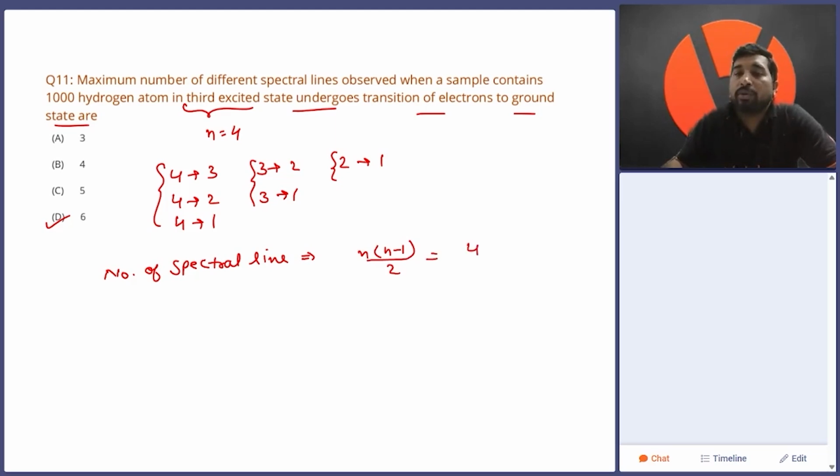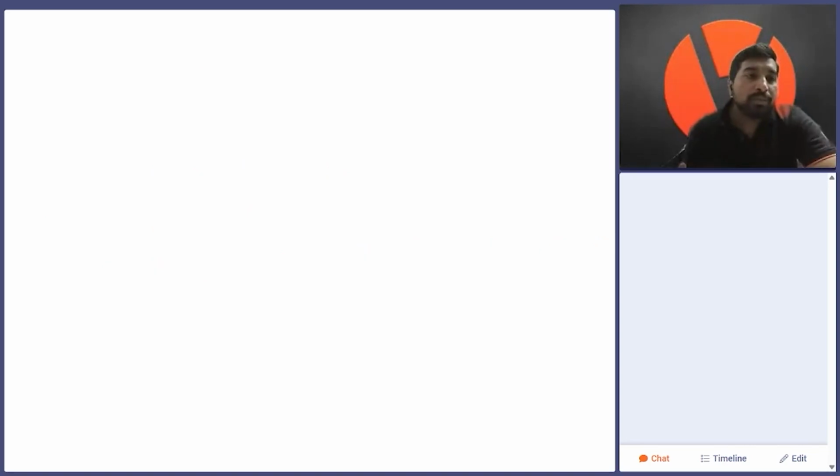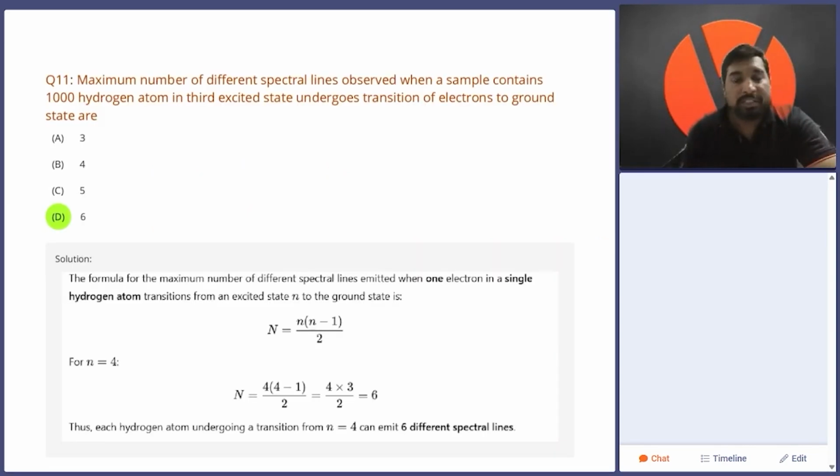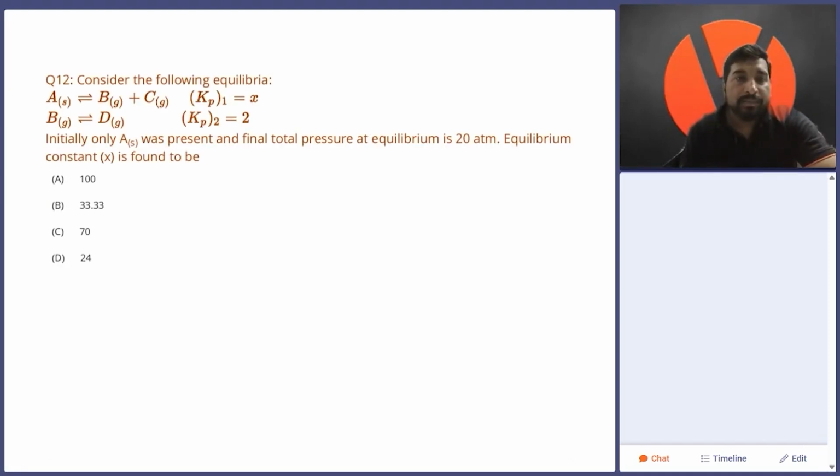Here n is 4, so 4 into 3 divided by 2, that is 12 by 2, which is 6. So the right answer is the number of lines we can see during the transition of an electron from the third excited state to the ground state. Now we will check the answer. Question number 11, and the right option is, yes, definitely 6. Come to the next, guys.